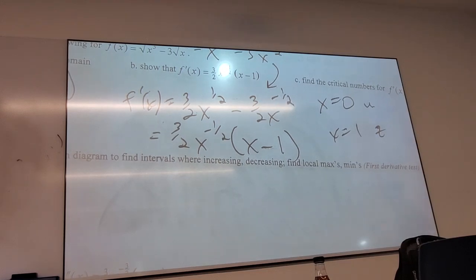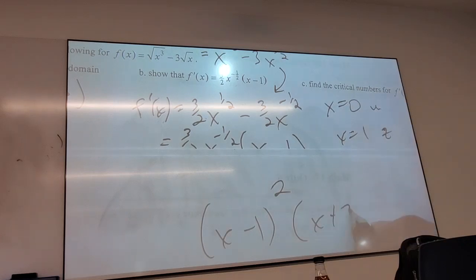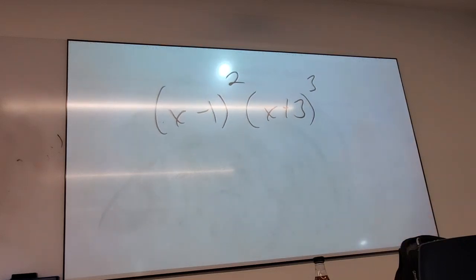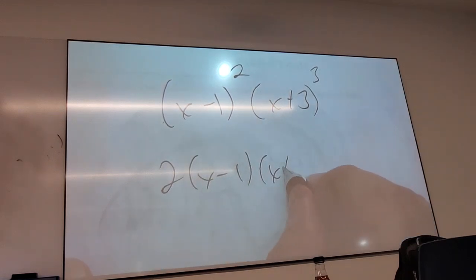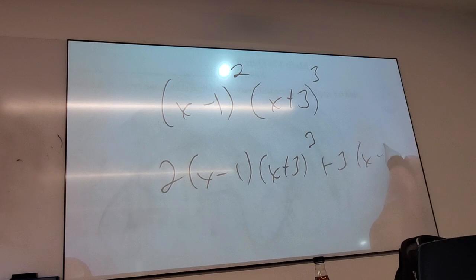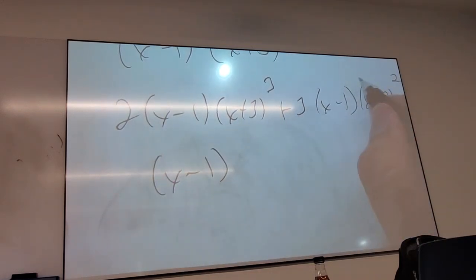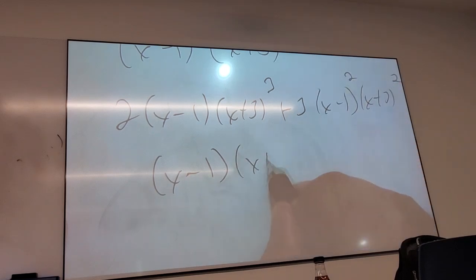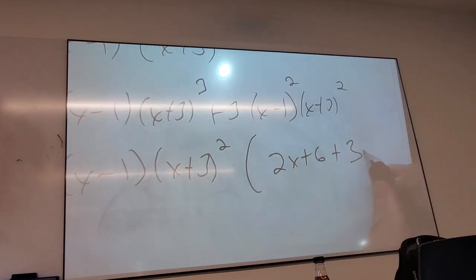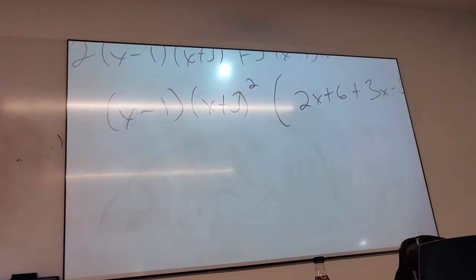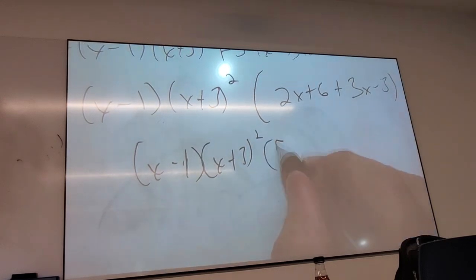Real quick, side note, because the other example on the back has 0, if I had this, I'm going to factor it real quick. Okay, so then I get x minus 1, x plus 3 squared, 5x plus 3.